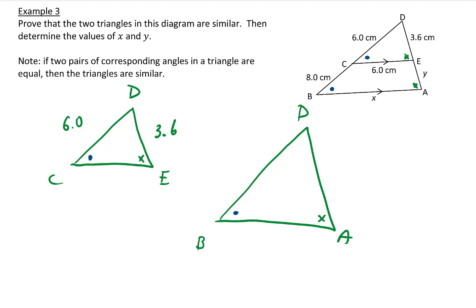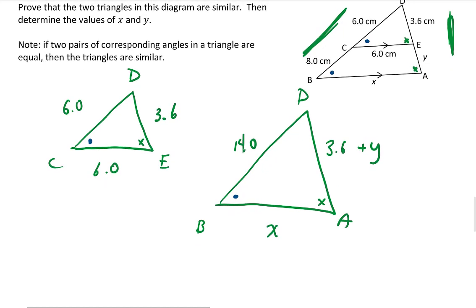And its measurements, the first one actually had a side length of 6 here as well. But for the bigger triangle, we take the 8 plus the 6 here, and that tells us that this is 14 centimeters in length. This is 3.6 plus y, that's taking these two, and this one down here is x. So there's a diagram of them split up.